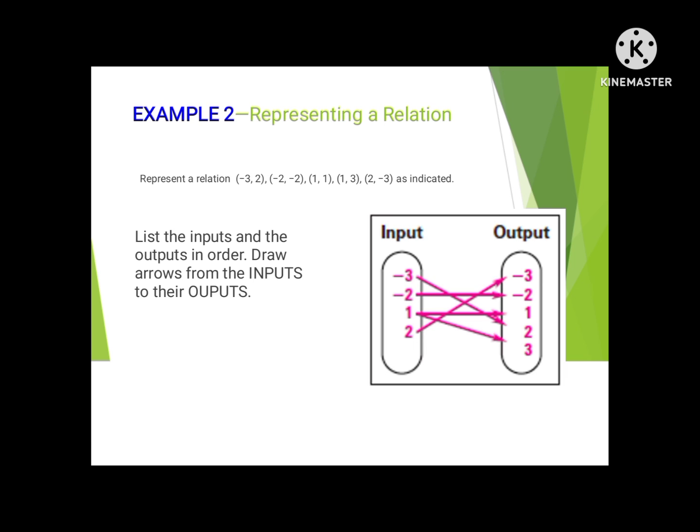The -3 in the input is paired to the +2 in the output. The -2 in input is paired with the -2 in the output. The +1 in input is paired with two outputs, which are the +1 and +3. And the +2 input is paired with the -3 of output.